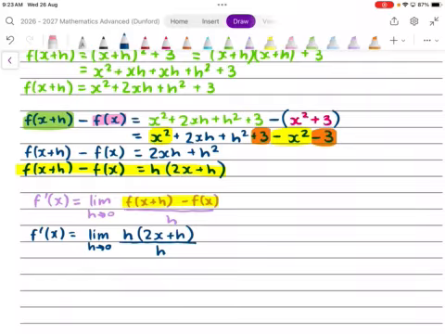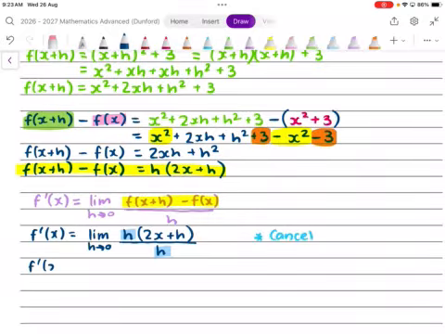Now, what do we notice about this fraction? We can cancel out the h's, so that is what we are going to do. Now, something that we need to remember is we can only cancel out the h's when they're factorised out. Okay, you can't cancel unless it's factorised.